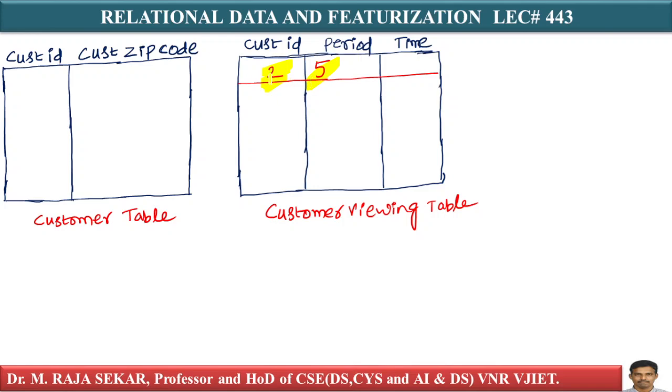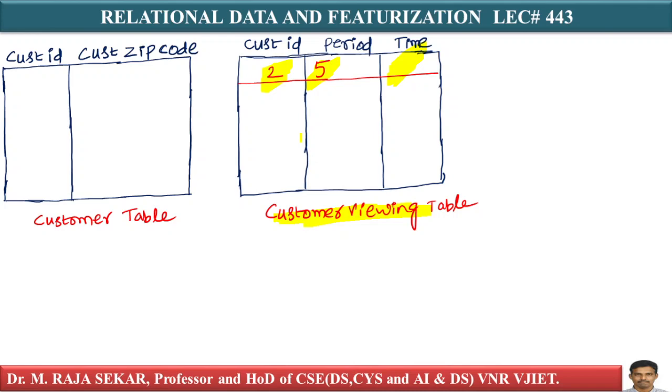Let's assume this is the customer visiting data, often called visitation data, which records whether a customer visited a web page or not.